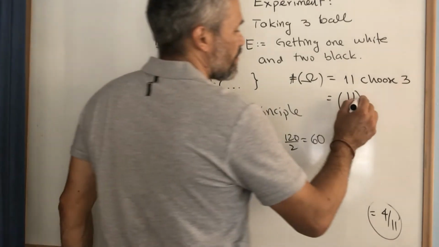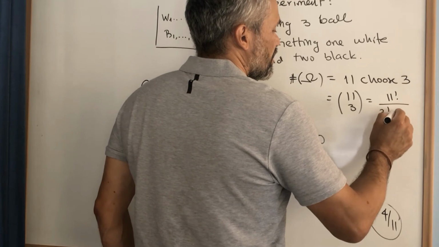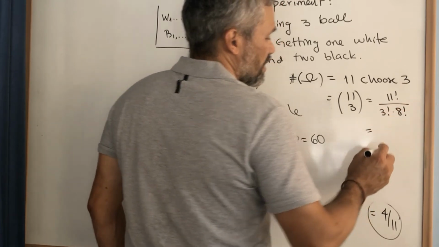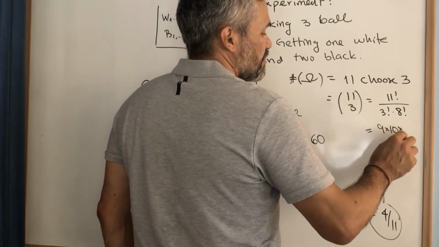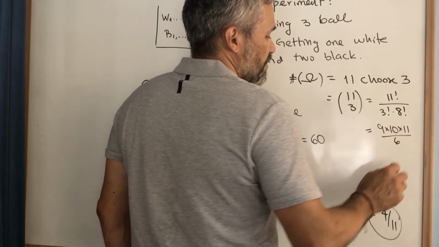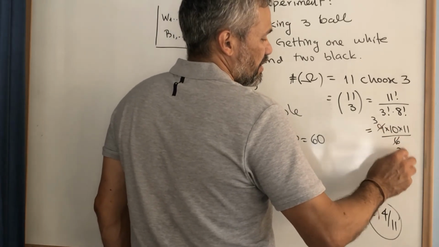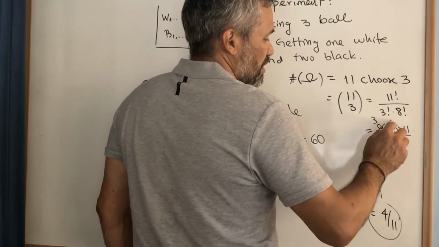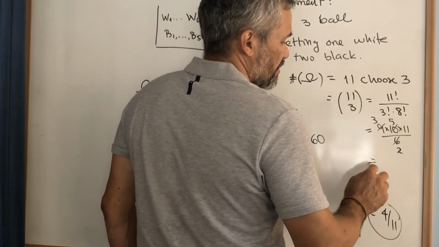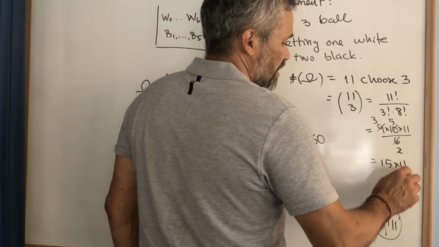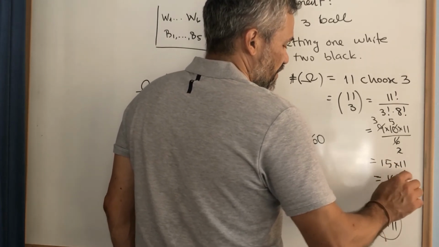And what is 11 3? 11 3 is 11 factorial over 3 factorial times 8 factorial. And this is 9 times 10 times 11 over 6. I can cancel a 3 and then a 2 here, and it will be 5. Then it is 15 times 11, which is 165.